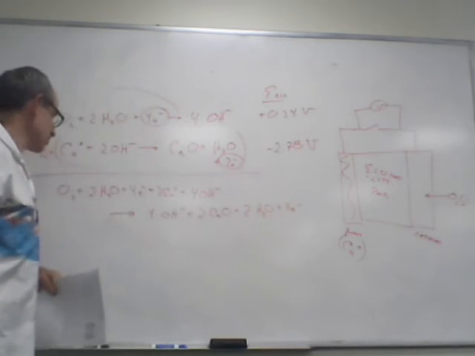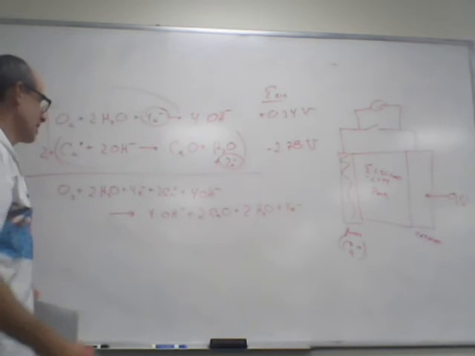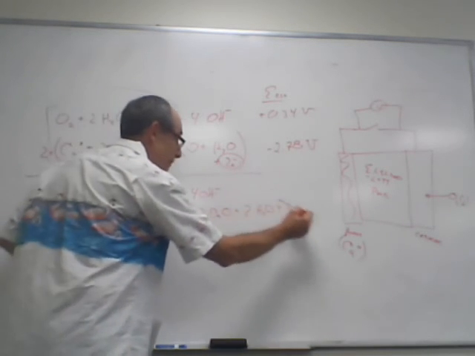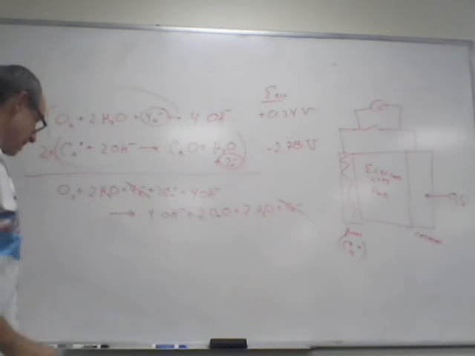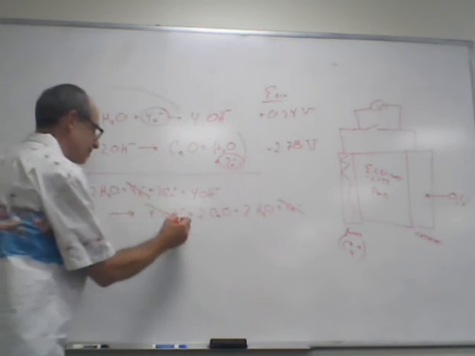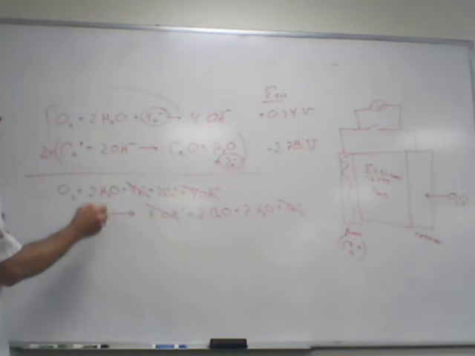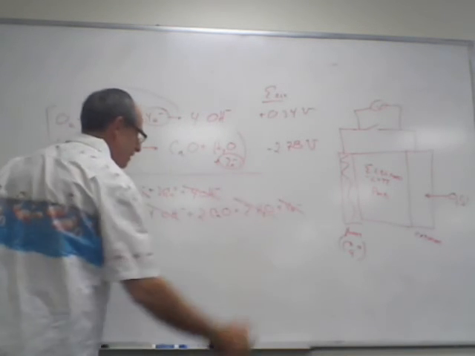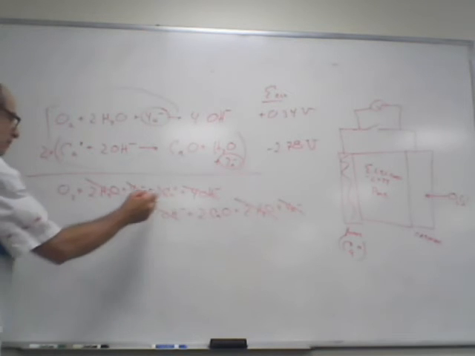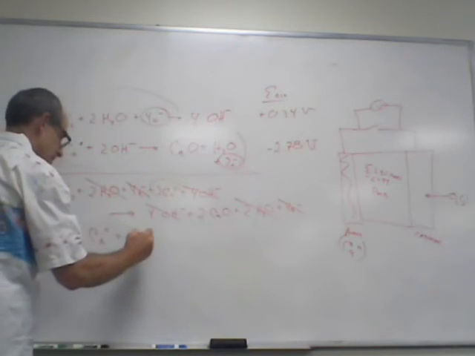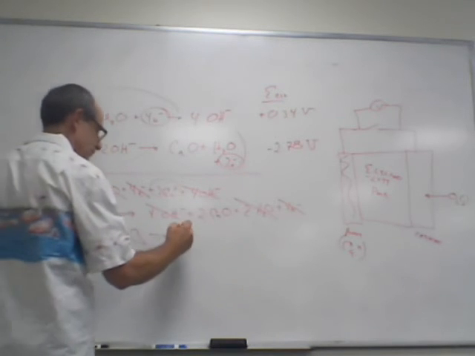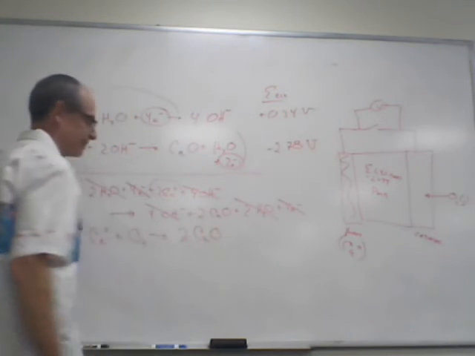And now we can cross off things that show up on both sides. Electrons better show up on both sides, and that was the whole reason for multiplying through. But we also now have 4 hydroxide ions there and there, and 2 water molecules there and there. So our overall equation is 2 calcium atoms plus 1 oxygen molecule forming 2 calcium oxides.